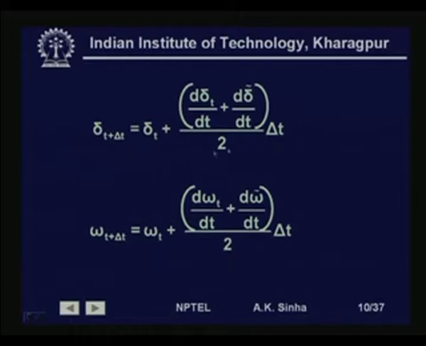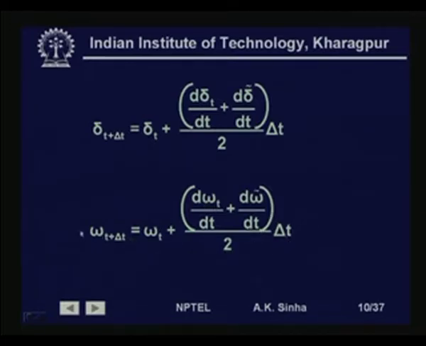Similarly, delta omega at t plus delta t is equal to delta omega t plus d delta omega t by dt plus d delta omega hat by dt by 2 into delta t.